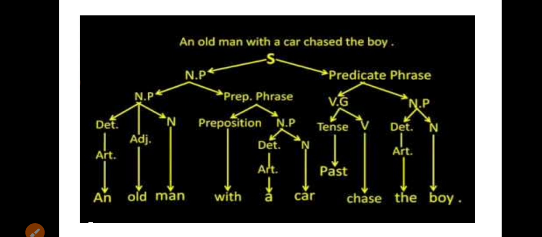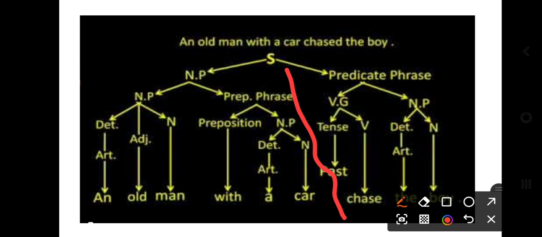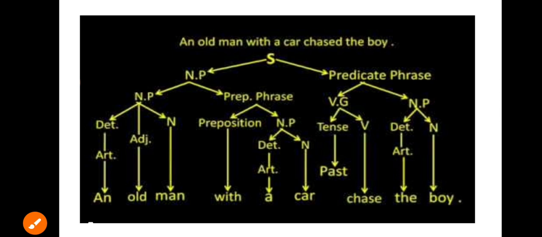But here I am telling you through this picture that the noun phrase is "an old man", clearly seen separately. Then the prepositional phrase: preposition "with a car", I think you must have got it, since we have been discussing it for a long time. Now predicate phrase means the rest of the sentence after "car".